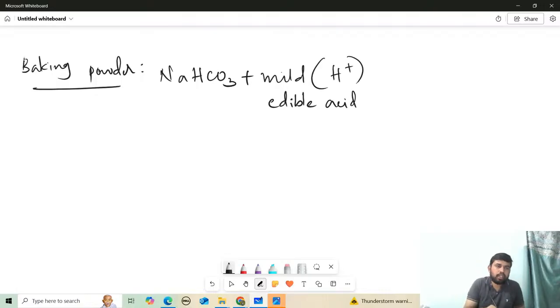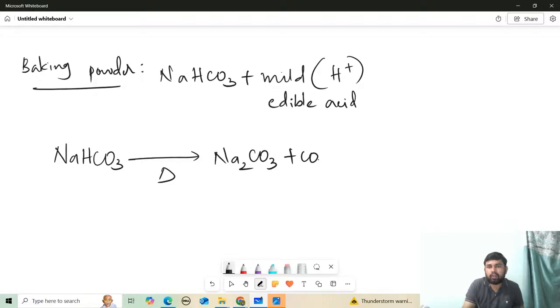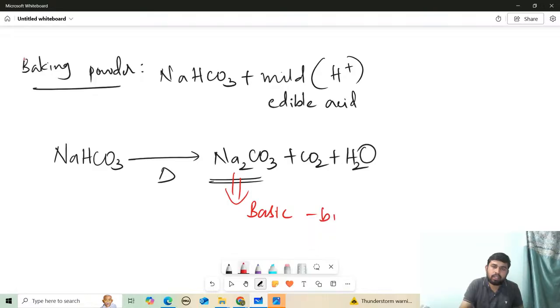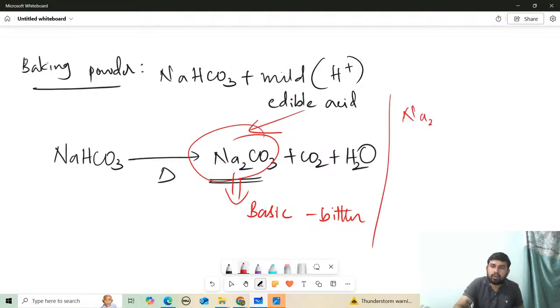Normally, if I take NaHCO3, baking soda, and supply heat energy in the cooking process, it forms Na2CO3 sodium carbonate plus CO2 gas plus H2O. As we discussed earlier, this is basic, so it is going to produce a bitter taste. Now this is going to be neutralized with the acid.